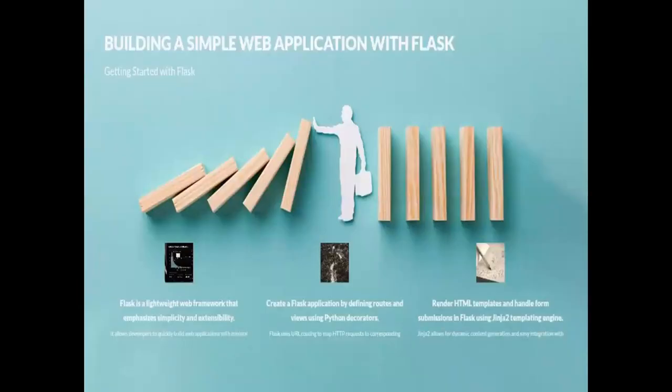Building a simple web application with Flask. Flask is a lightweight web framework that emphasizes simplicity and extensibility. Create a Flask application by defining routes and views using Python decorators. Render HTML templates and handle form submissions in Flask using the Jinja 2 templating engine.